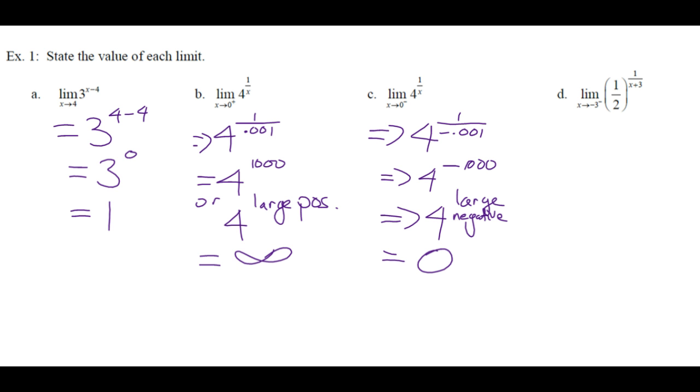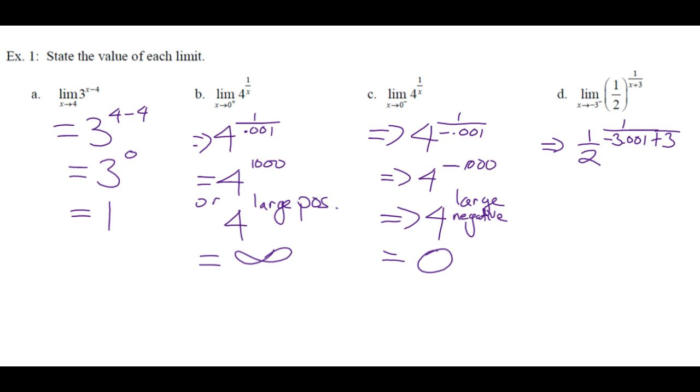So if we stick with the theme of 0.001, what number am I going to use? -3.001, plus 3, right? So we are approaching -3 from below -3, which means we have to be lower than. So -2.999 is not lower than -3, it's higher, right?